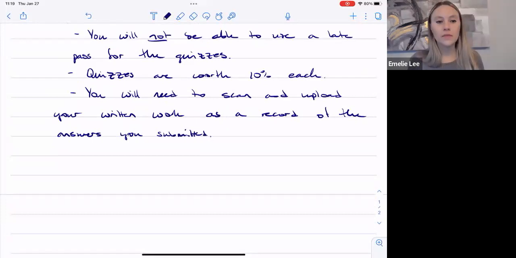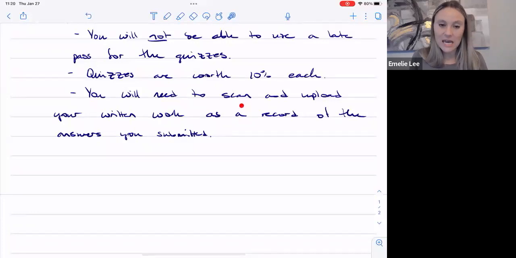Because you can do the quiz at any time, it has to be within 10 minutes. For this first one, I really want you to get comfortable with uploading your work. If you have to scan your work, or if you use R or Excel or something, then you might have to take a screenshot and include that somehow, right?